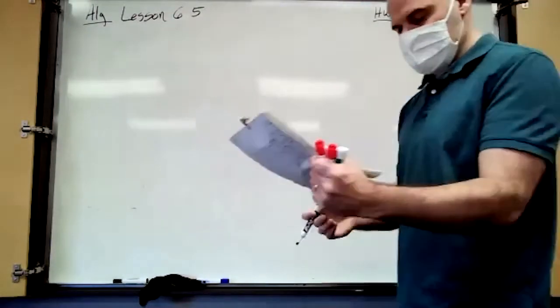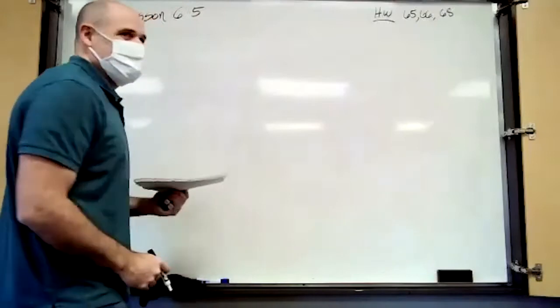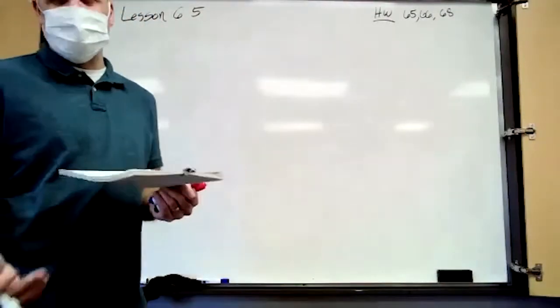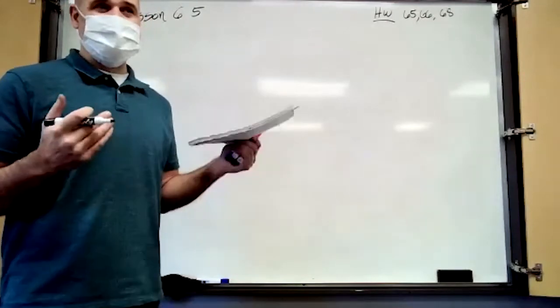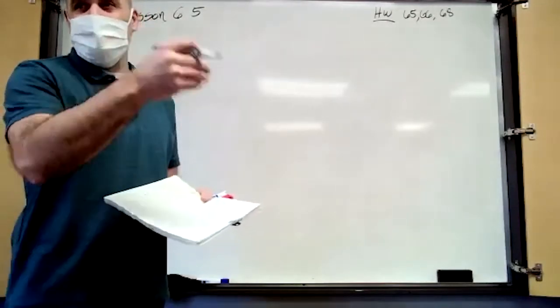So weighted average. Let's say that within the test scores, each test had a certain weight. I don't do that in my class, but some people have tests that are worth more than other tests.